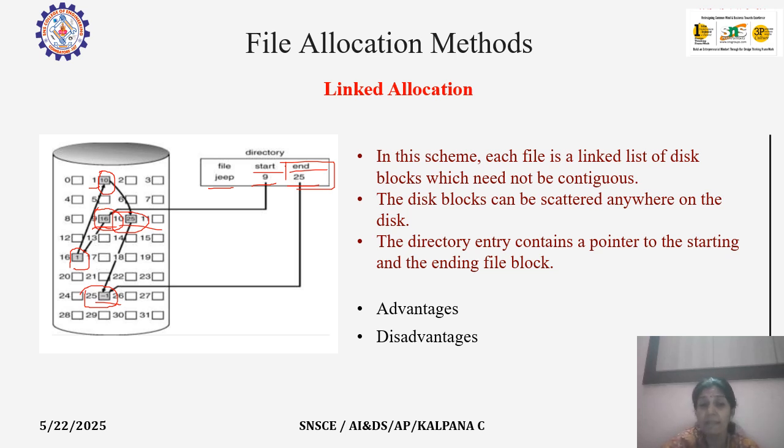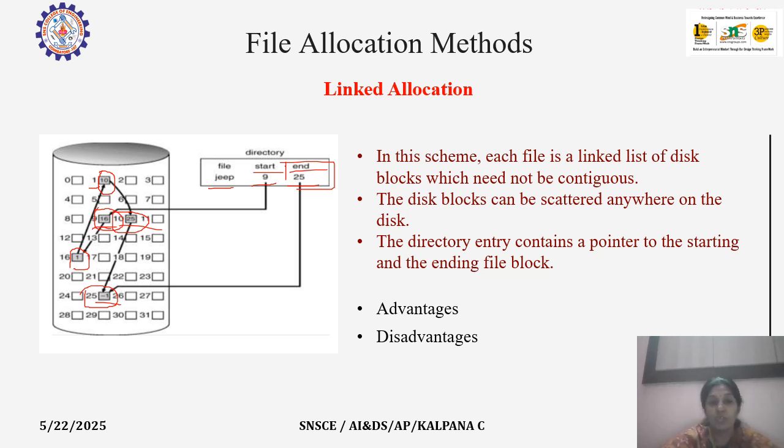Like this, we are going to visit each block. Once you visit a particular block, that block will give the address of the next block. With the help of that information, we move to the next block, and from there you move to the next block. So here the blocks are interconnected, linked together.